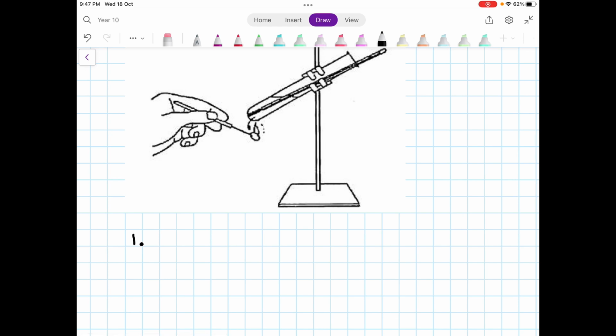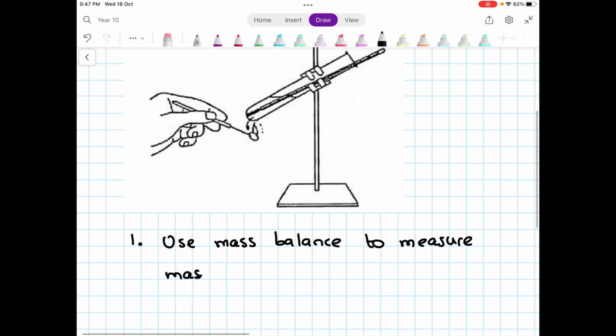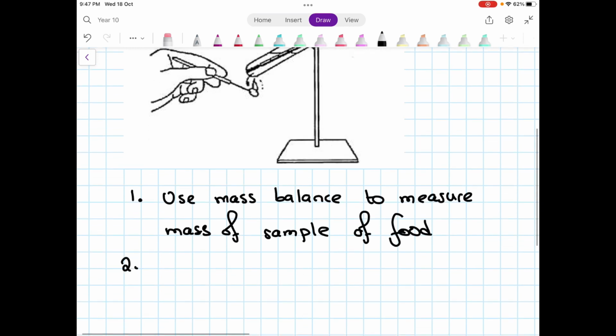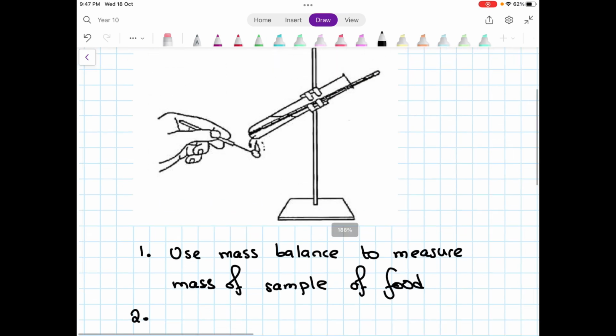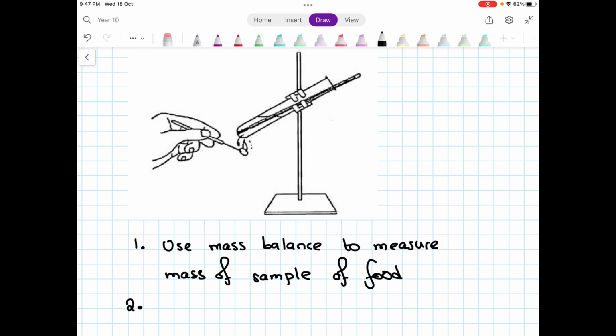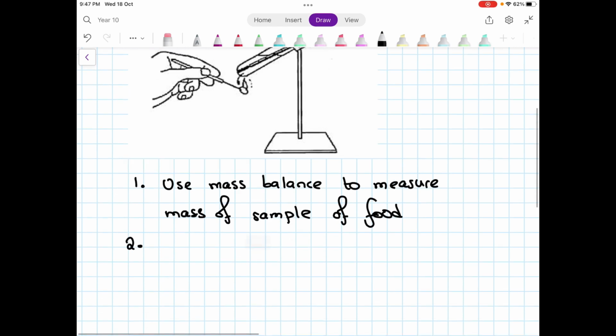Firstly, we should use a mass balance to measure the mass of the sample of food. Next, we can use a measuring cylinder, and we can put approximately 20 centimeters cubed of water into a boiling tube.